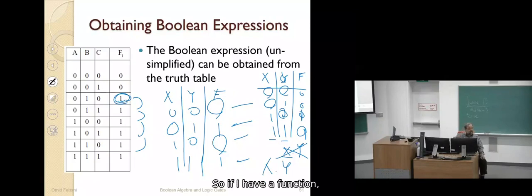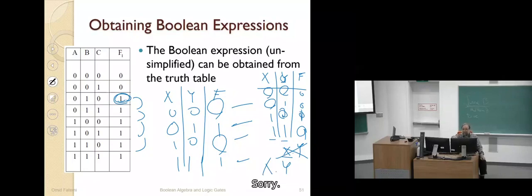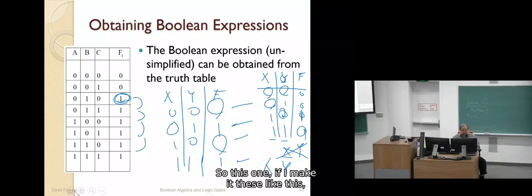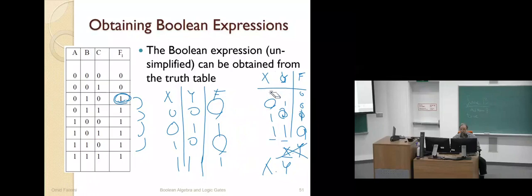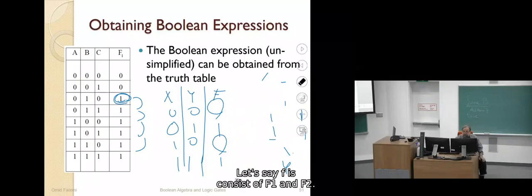So if I have a function, let's go to the function you suggested. What was your name? Sorry. Chris. Okay, Chris. So this one, I make it like this. Your function, I make it two functions. Let's say f consists of f1 and f2.